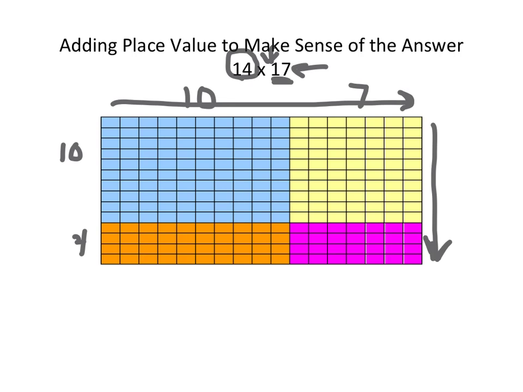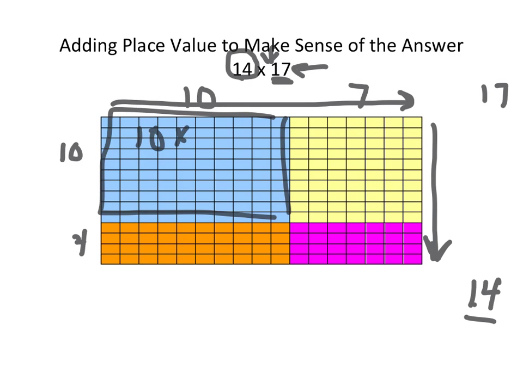So if we look at this, we have 17 across and we have 14 down, just like we had in the previous drawing. But when we separate according to place value, it makes it much easier for us to calculate the answer, to actually see the answer visually. So if this is a 10 by 10 square, because we have 10 across and 10 down, that means that we have 100 small squares here.